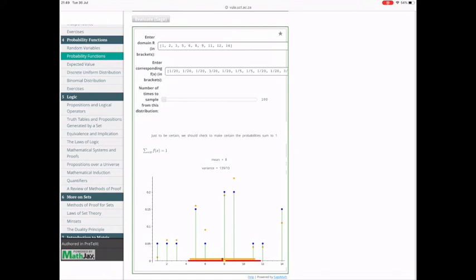So we're thinking of the possible measurements that we have. So we've got 1, 2, 3, 5, 6, 8, 9, 11, 12, 14. Those are the possible measurements that we can make. And it just happens that the probability of measuring a 1 is 1 in 20, probability of measuring 2 is 1 in 20, probability of measuring 3 is 1 in 20, probability of measuring 5 is 3 in 20.